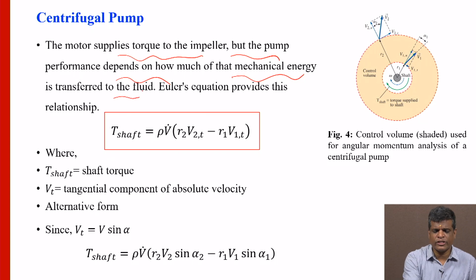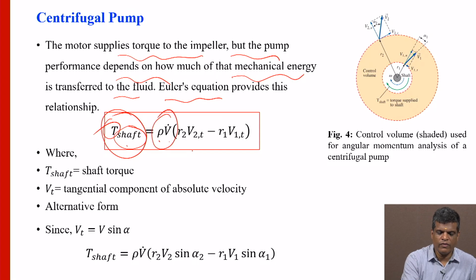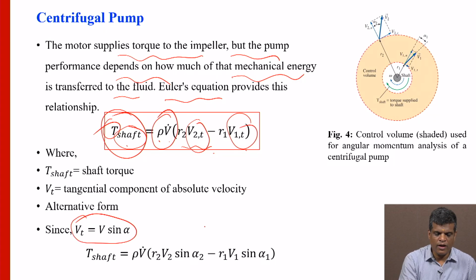So the famous Euler equation applies. The shaft torque T equals rho times V, times r2 V2t minus r1 V1t, where Vt is the tangential velocity at point 1 and point 2. Alternatively, we can write the tangential velocity Vt equal to V sin alpha. Replacing that, we get the modified equation for the shaft torque.